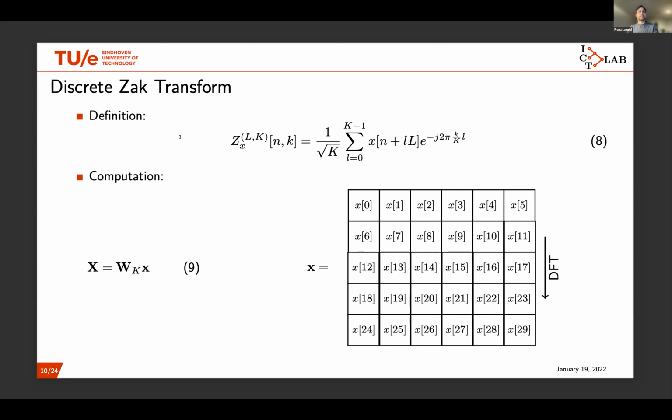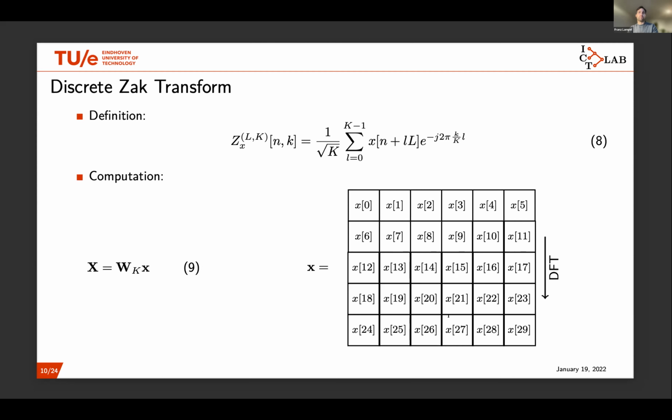And when we look how this is computed, it's nothing else than when we arrange our samples in a two-dimensional matrix. So we take the first L samples in the first row, the second L samples in the second row, and so on. And we can calculate the Zak transform by taking the Fourier transform along the columns.